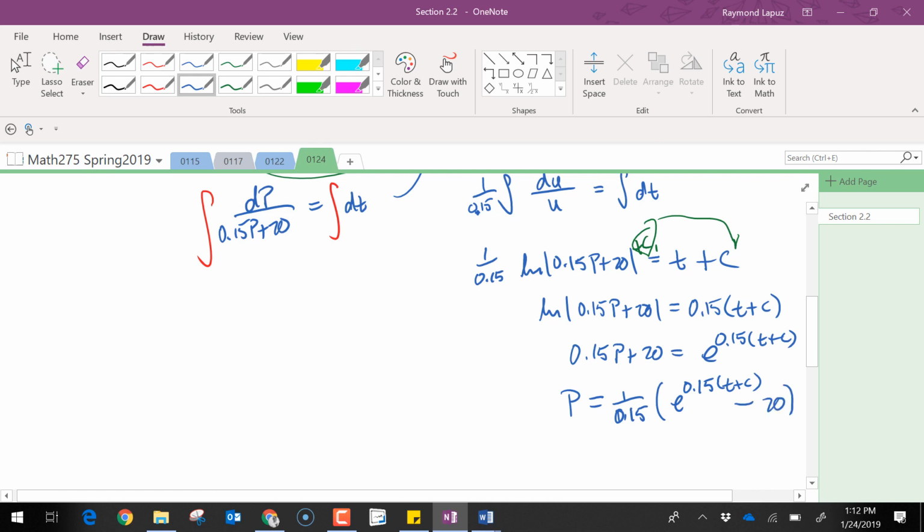Oh, because I wanted to multiply this out on the other side. You can keep it as C, or technically, if you're going to merge constants together, you would change the C to a C sub 1 or a D or another letter.